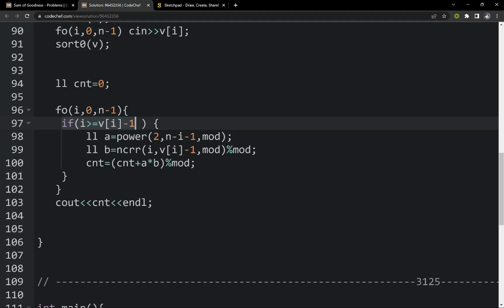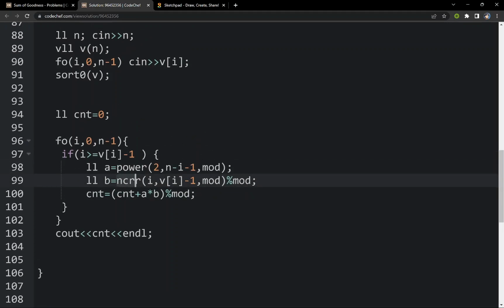Only then will it form a valid subsequence. Then I am finding the number of subsequences by taking or not taking the numbers greater than it, and then I am finding nCr, where I denotes the number of numbers less than it, and we have to take exactly v of I minus 1 numbers, and mod is 10 to the power 9 plus 7. Then I am adding the multiplication of these two values.